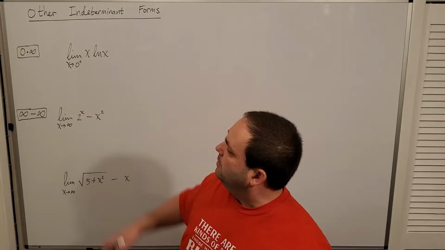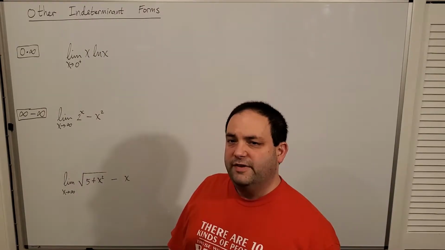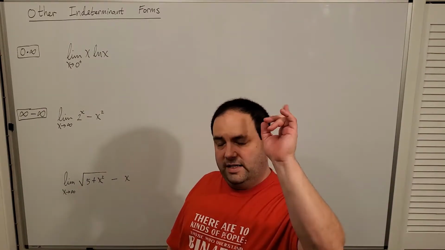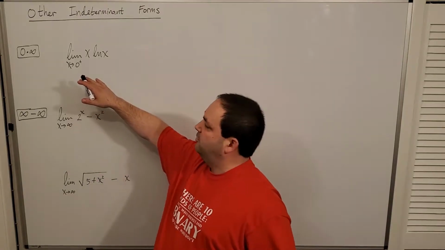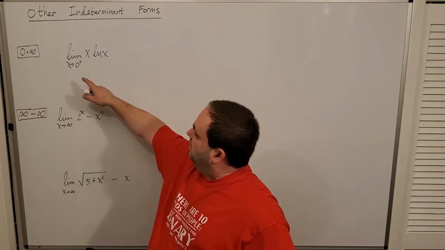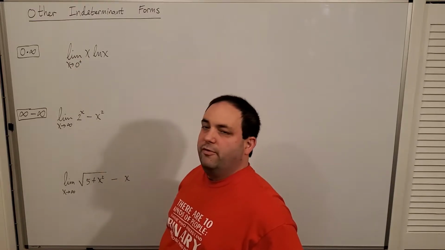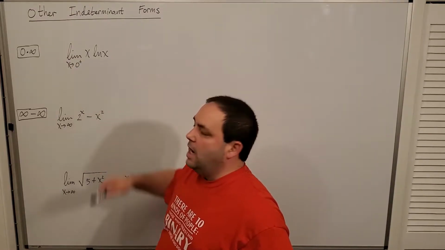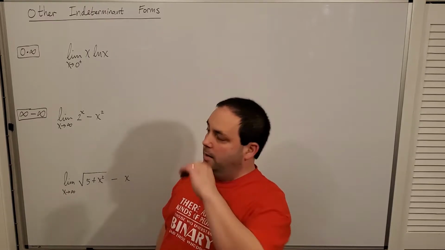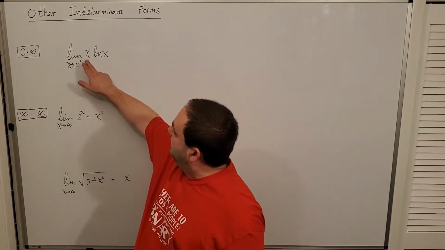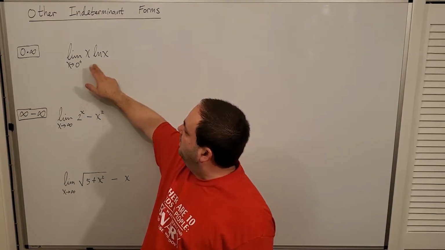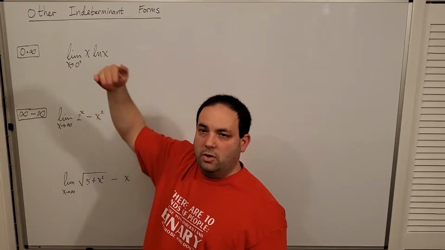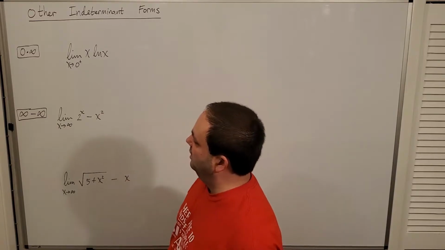Okay, so right here, 0 times infinity is one of those setups. In fact, in the last scene we did one of those. I just wanted to throw out the actual form here. So look, the limit as x goes to 0 from the right of x times ln x. This time notice what we're getting is a 0 times a negative infinity, because if you let ln of 0, it starts to go down to negative infinity there.